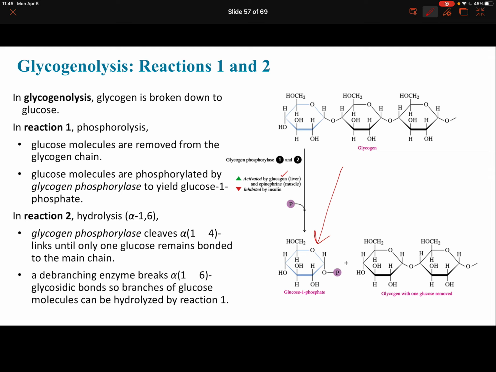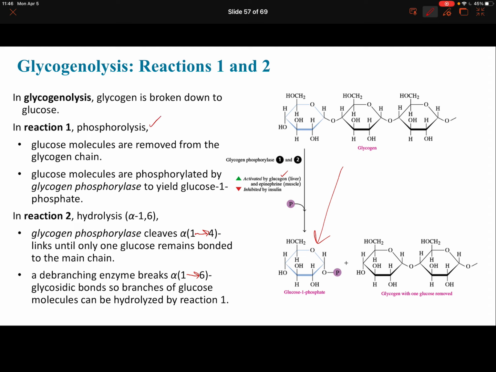In reaction 2, we get hydrolysis of the branches. Glycogen phosphorylase cleaves the alpha-1,4 bonds, and the debranching enzyme cleaves the 1,6 bonds, so that those branches can be broken down through reaction 1, phosphorolysis.